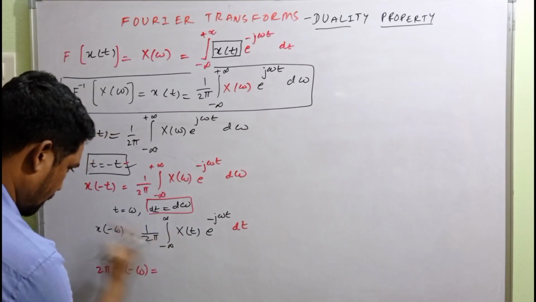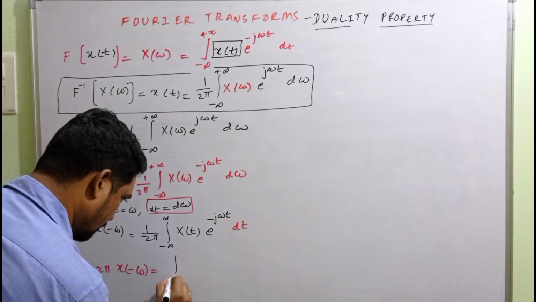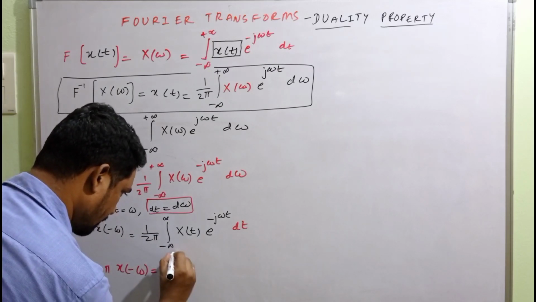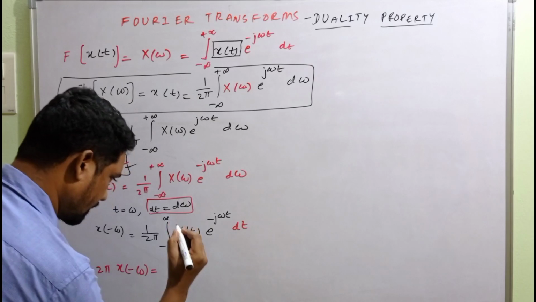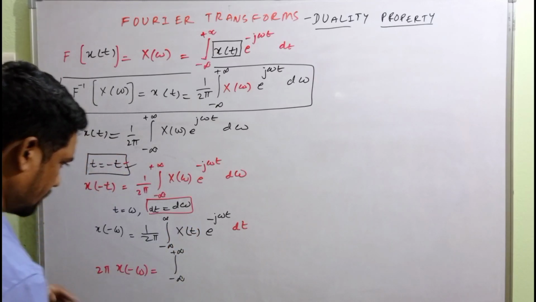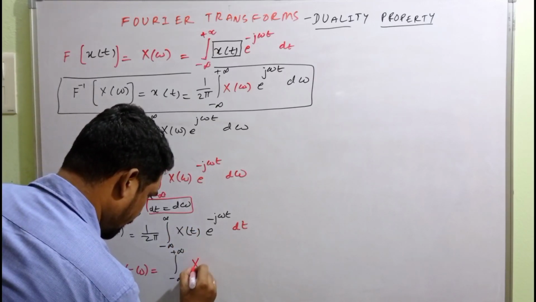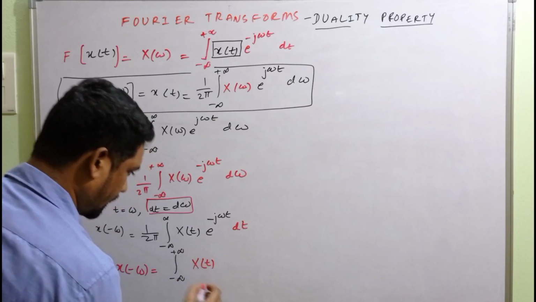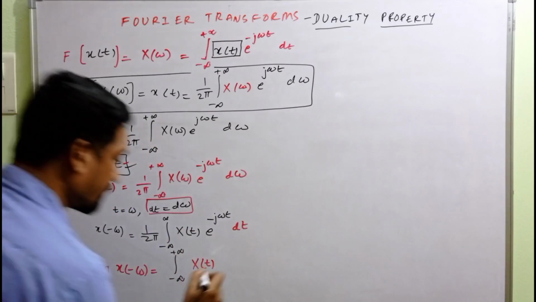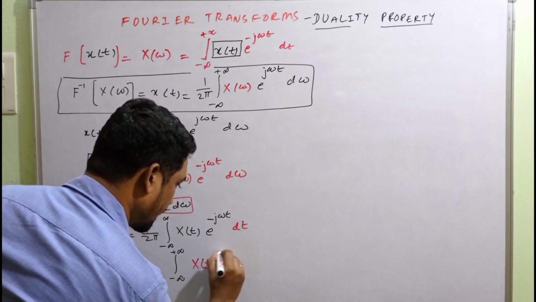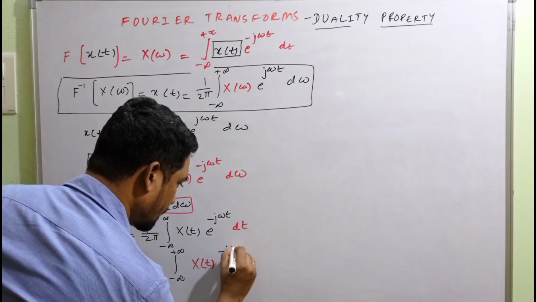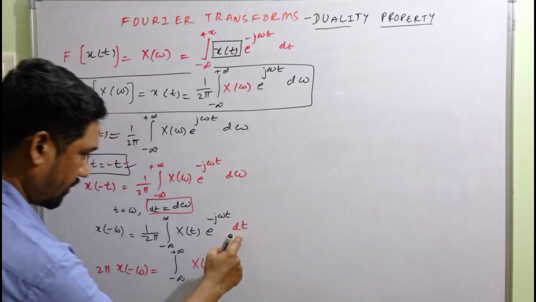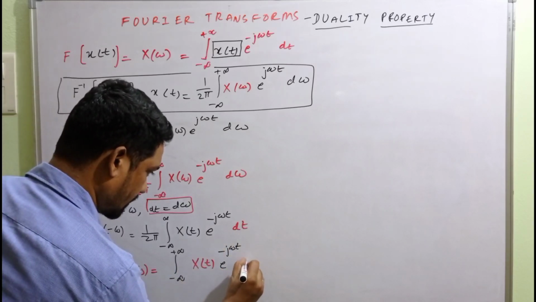It's gone that side, so we have negative infinity to positive infinity, and here this capital X of t, uppercase X of t, is multiplied with e raised to minus j omega t and integrated with respect to t.